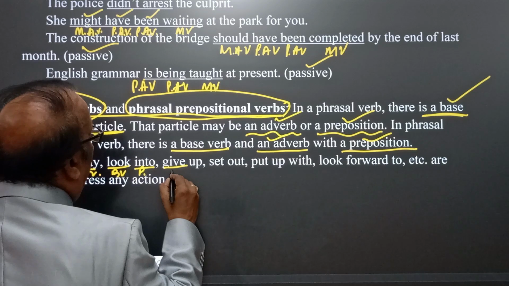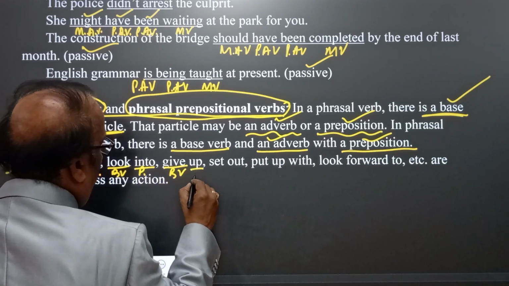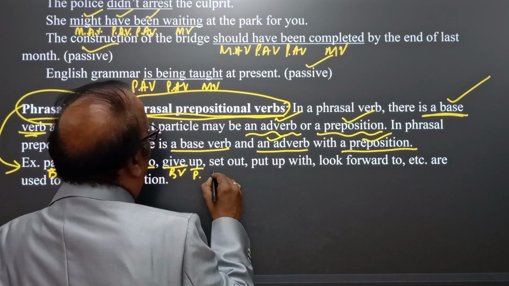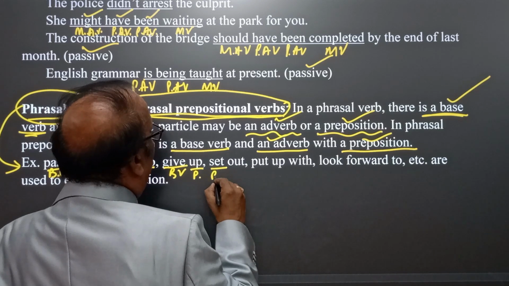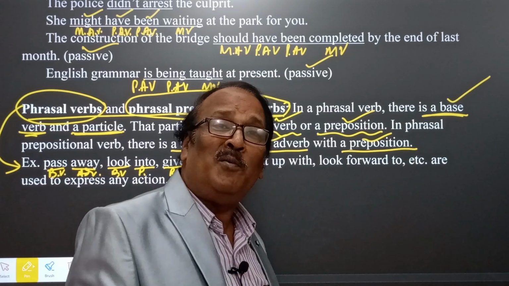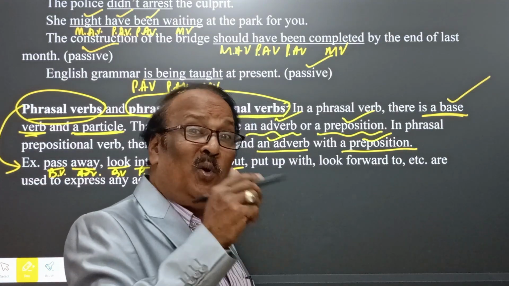Give up: give is the base verb and up is the particle. Set out: set is the base verb, out is the particle. Some prepositions are also used as adverbs, in both cases.